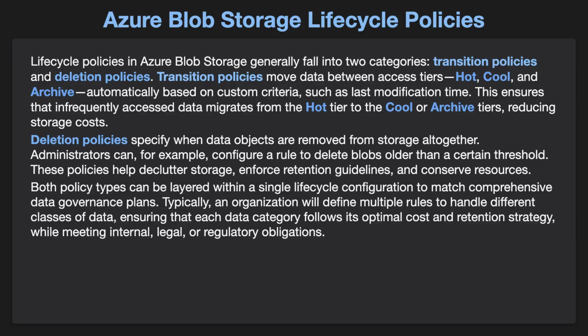This ensures that infrequently accessed data migrates from the hot tier to the cool or archive tiers, reducing storage costs. Deletion policies specify when data objects are removed from storage altogether. Administrators can, for example, configure a rule to delete blobs older than a certain threshold. These policies help declutter storage, enforce retention guidelines, and conserve resources.